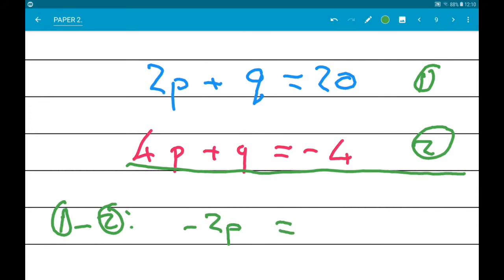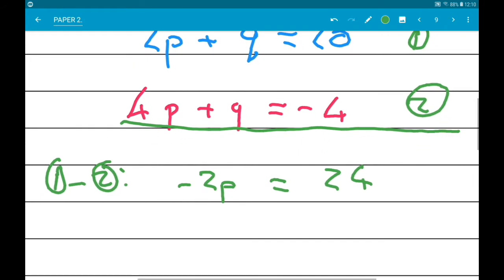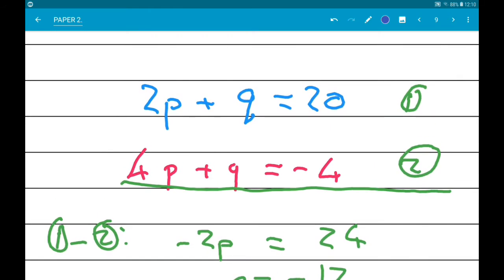And then 20 minus minus 4 is 24. So P is minus 12. Okay, then to get Q, sub that in.